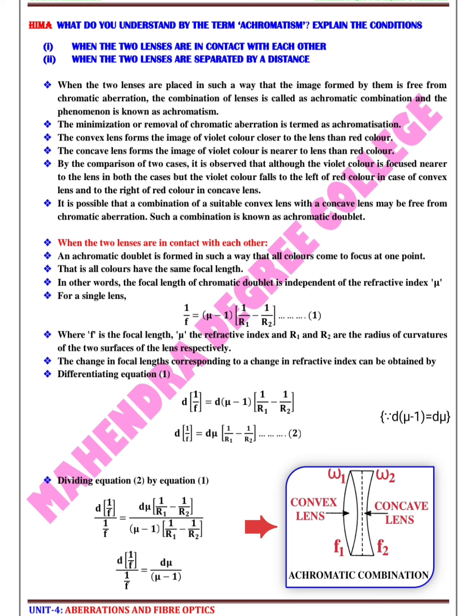Achromatic condition: omega 1 by f1 plus omega 2 by f2 equals 0, where f1, f2 are focal lengths of the convex and concave lenses respectively. It works because the positive dispersion from the convex lens is neutralized by the negative dispersion from the concave lens.